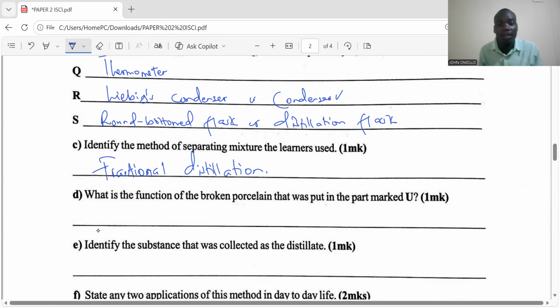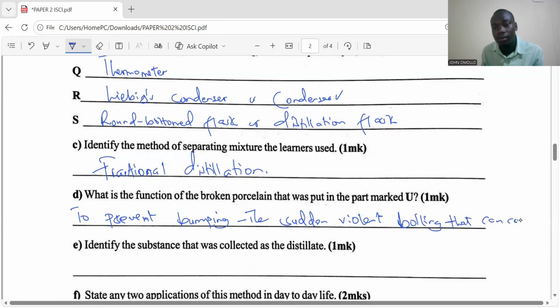What is the function of broken porcelain? So we have said to prevent bumping, which is the sudden violent boiling that can cause cracks to the flask.